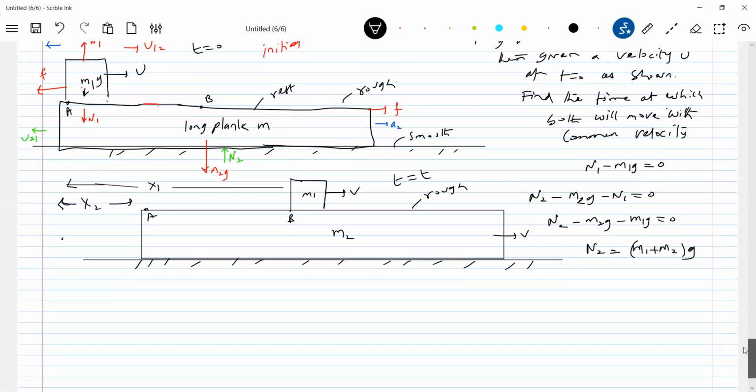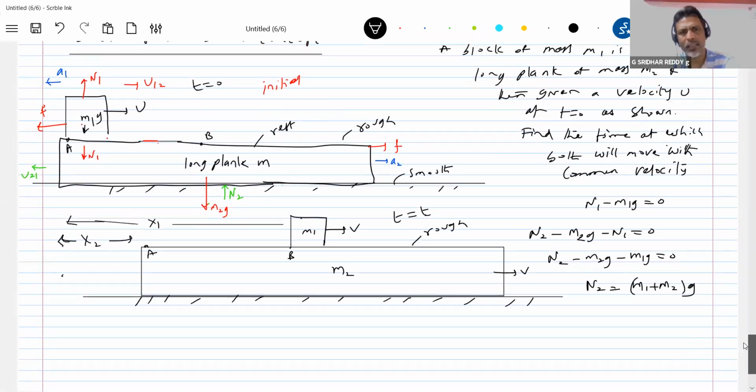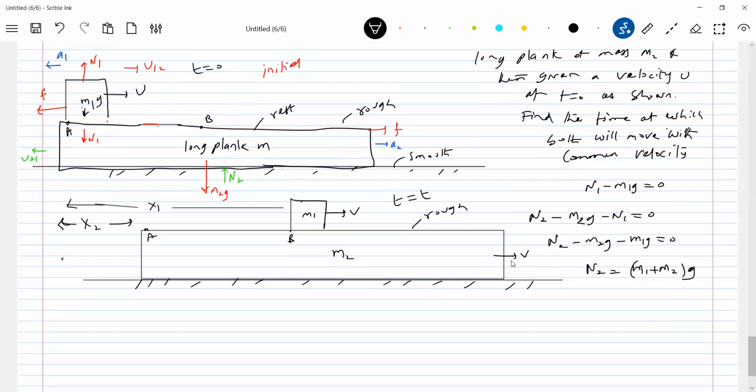Why are you making unnecessary things here? Why would it be variable? Kinetic friction depends on what? Mu, m, g. Mu is constant, m1 is constant, g is constant, or no? Don't make things complicated.